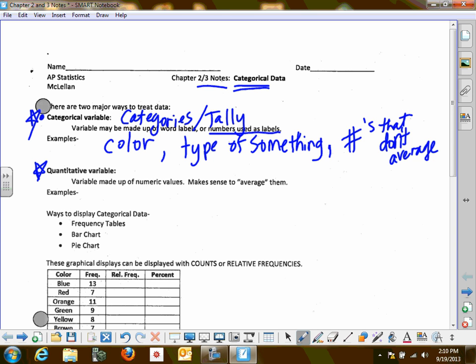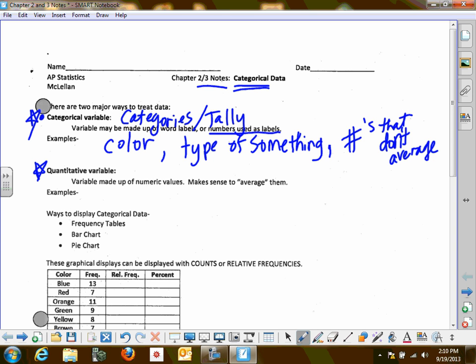So we have four different zip codes in here. I could tally how many we have in each zip code. Would it make sense to get the average zip code for the class? And it's like 76087.3564. Okay, no. And so would it make sense to get an average for zip code?